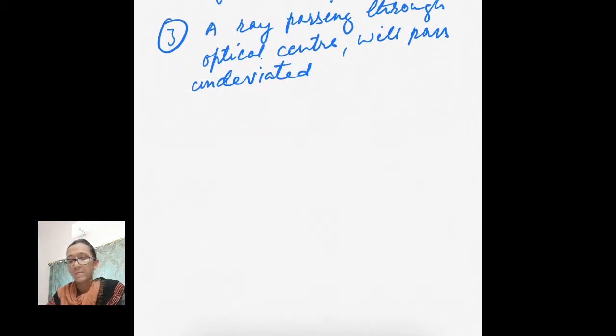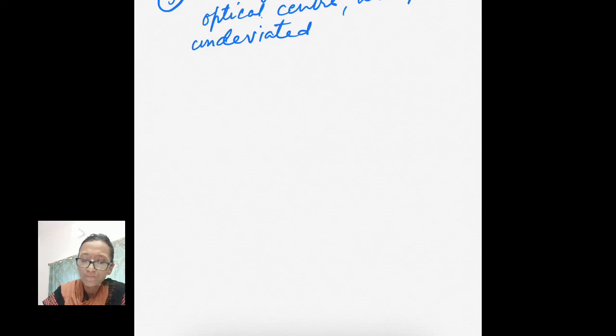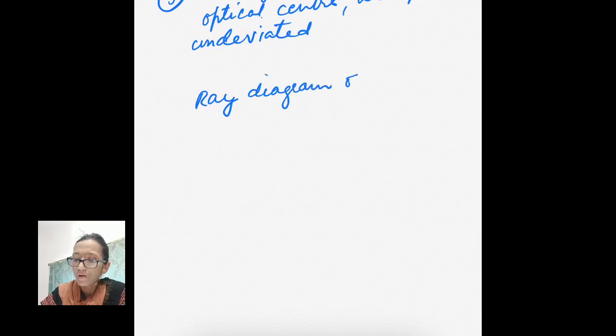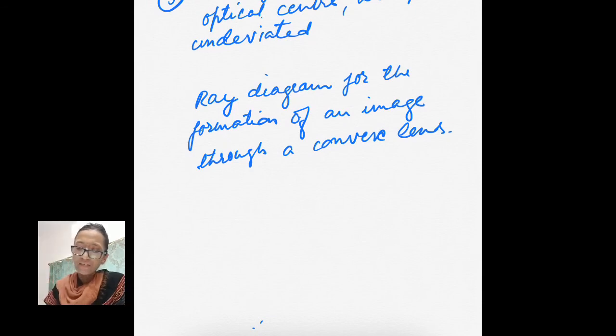Now let us make one ray diagram for the formation of an image through a convex lens, when the object is placed beyond center of curvature.